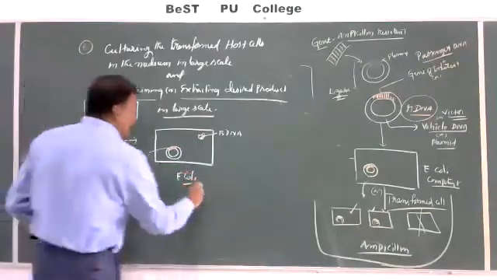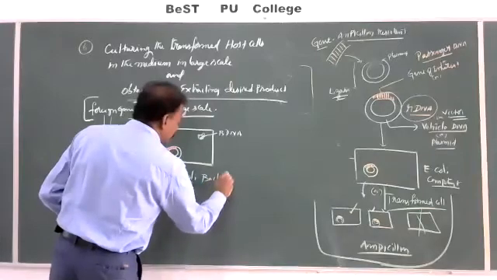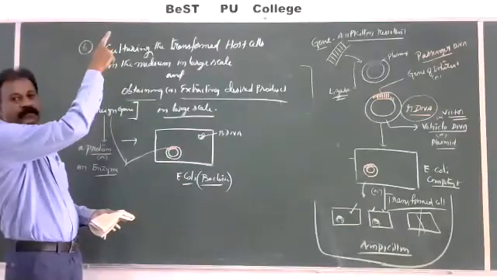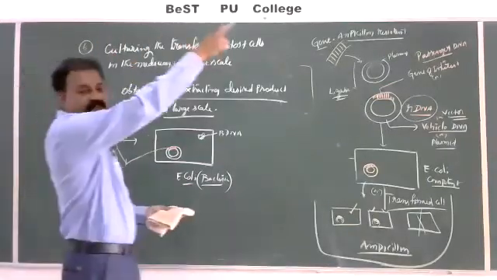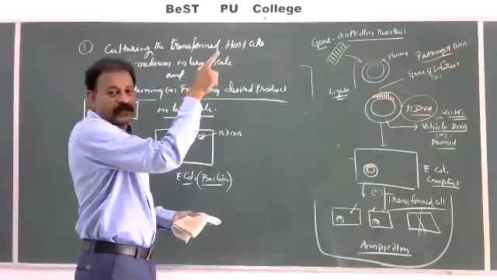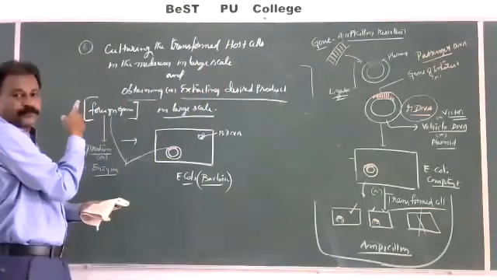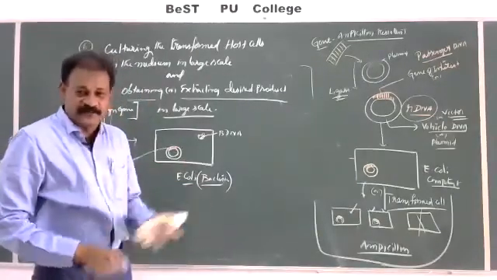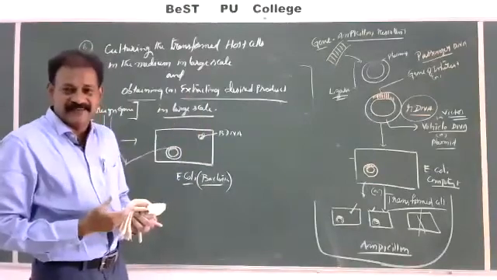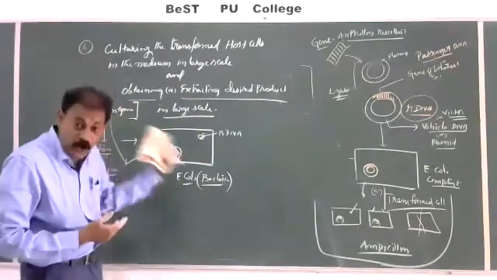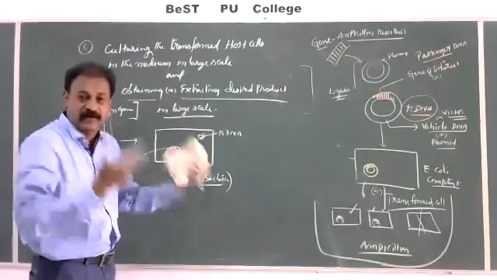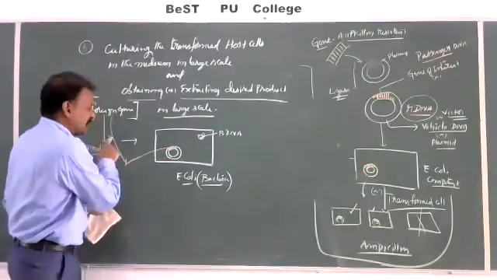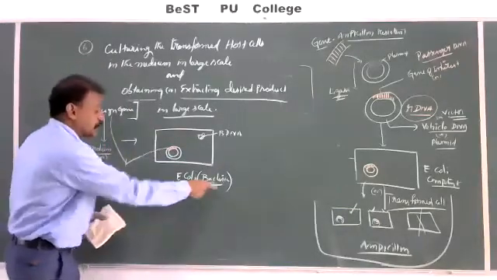For example, E. coli is a bacteria, and we have taken this gene from an animal body, eukaryotic organism, or from a plant body, or from a human body. So a eukaryotic gene is taken as the gene of interest and is to be cloned. Cloned means getting multiple copies, and here cloning means when this foreign gene or gene of interest is incorporated into a bacteria which is a prokaryote.